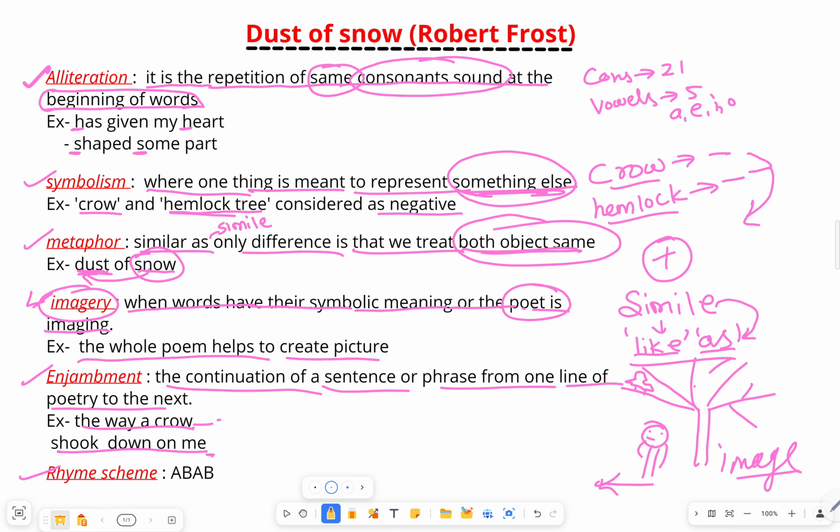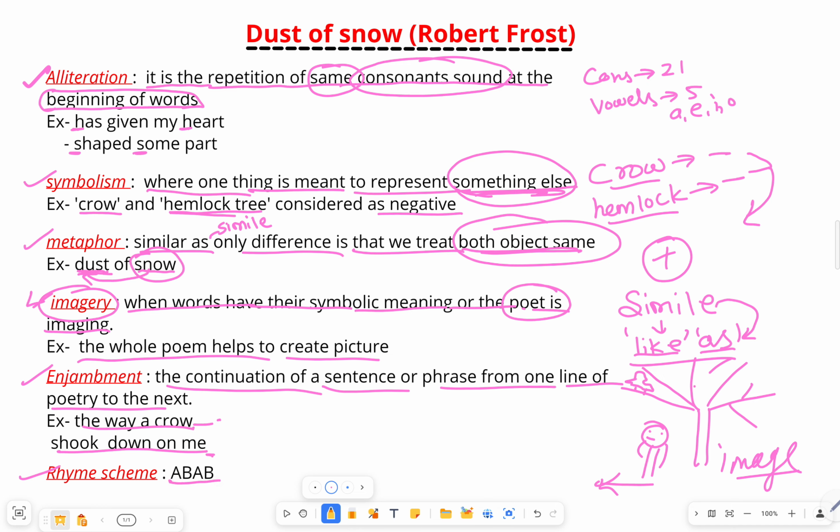Okay, the rhyme scheme is very important, and I hope you already know about it, because we have already mentioned it lots of times in my videos, again and again, how we will find out the right way of having the rhyme scheme. Let me explain. First of all, we have to write the last word of each line of the stanza.